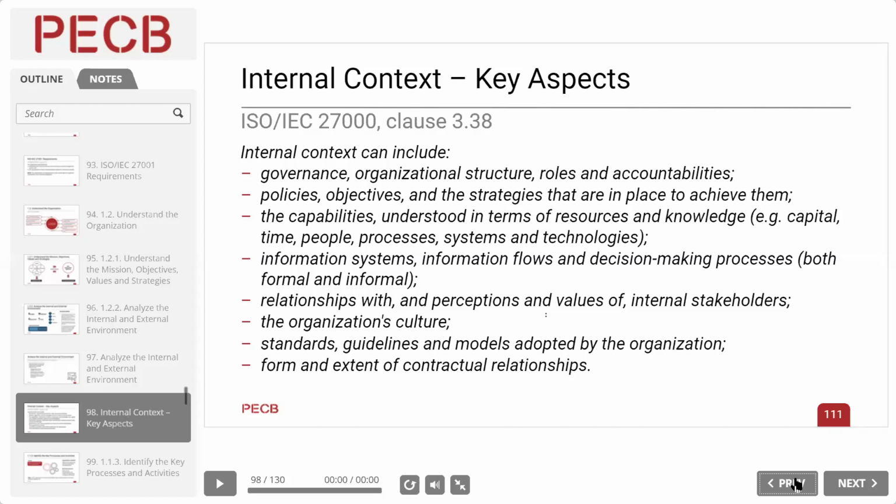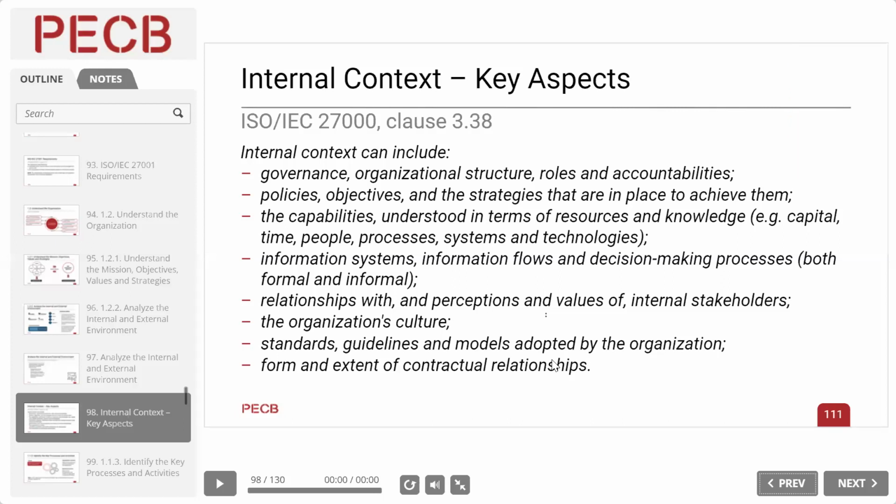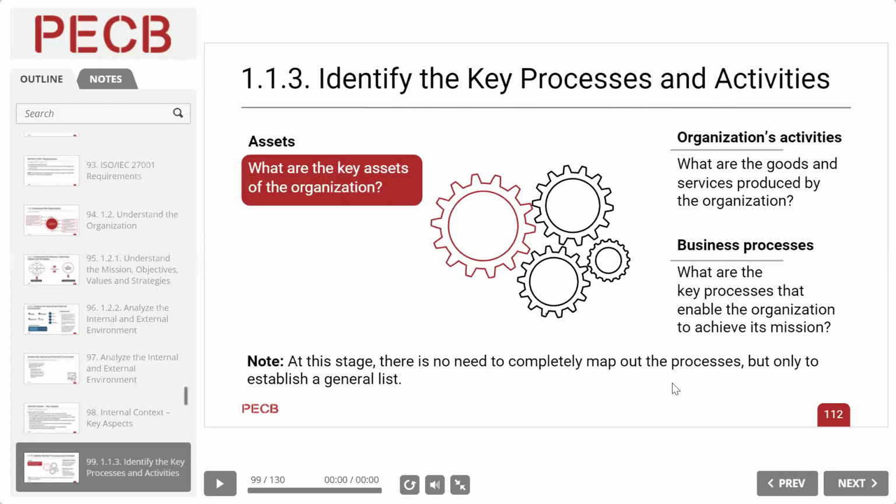What relationships do you have? What standards, guidelines, methodologies has the organization already adopted? And then what kind of contractual relationships do you already have as an organization? Okay, I mentioned the processes.